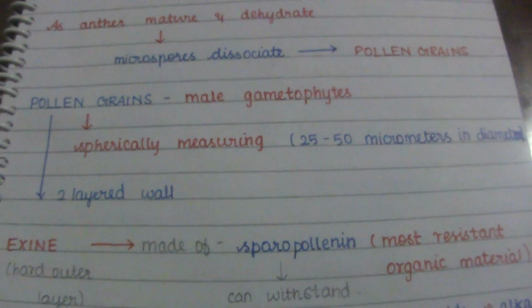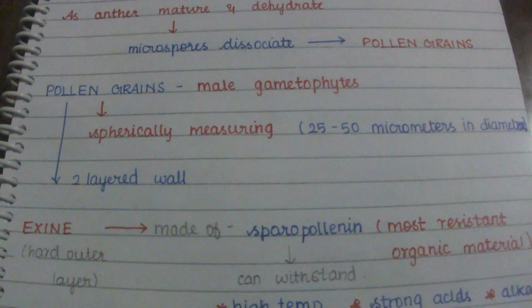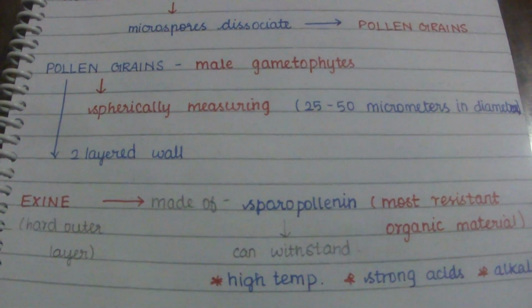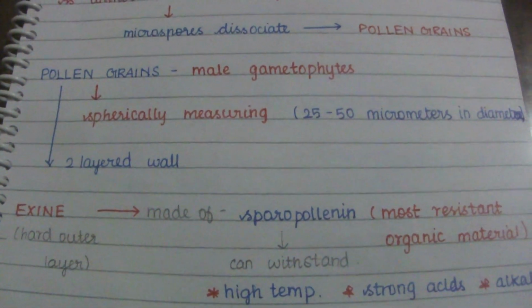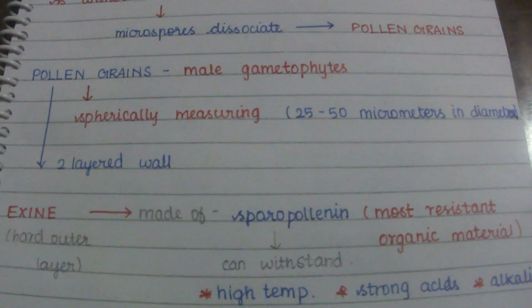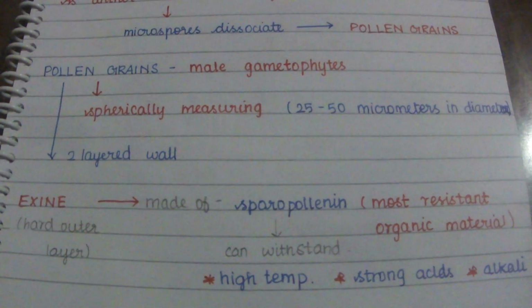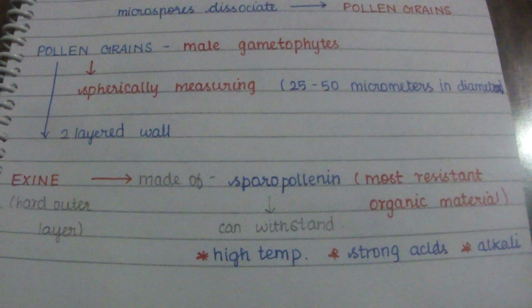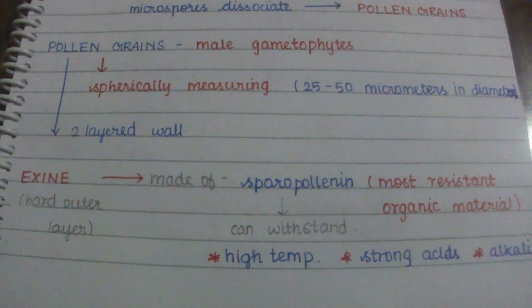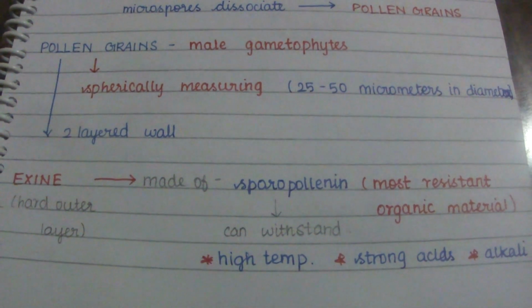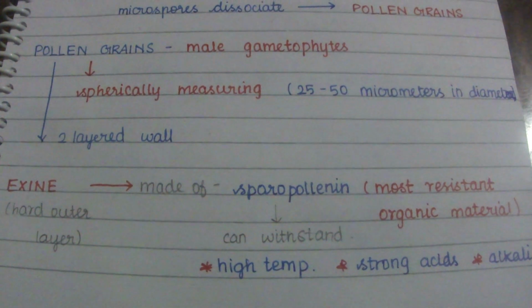Now we will discuss the pollen grains. The pollen grains represent the male gametophyte. Spherical in shape, they measure 25 to 50 micrometers in diameter. It has a two-layered wall. The outer hard layer is called exine, made up of sporopollenin, the most resistant organic material.